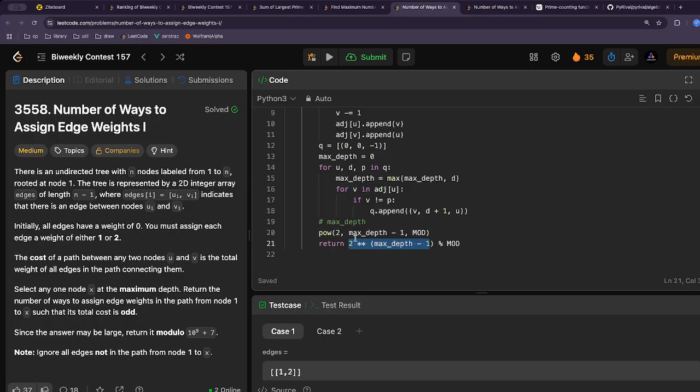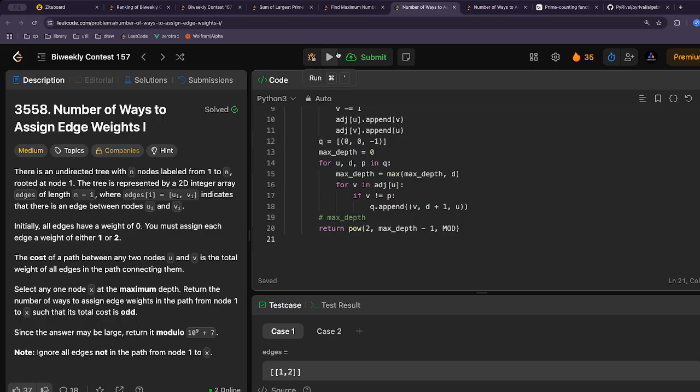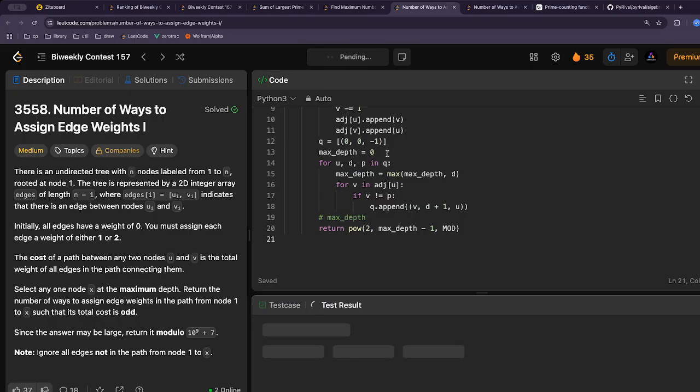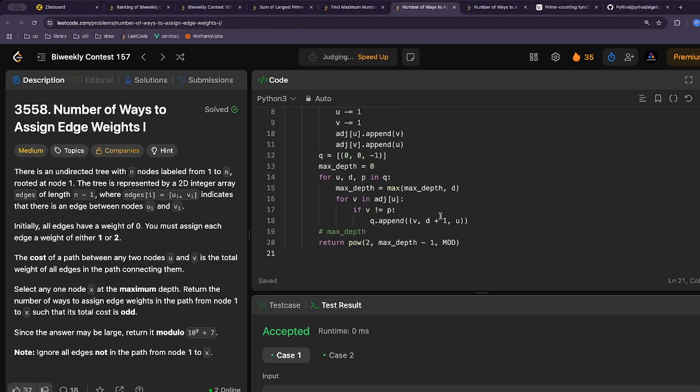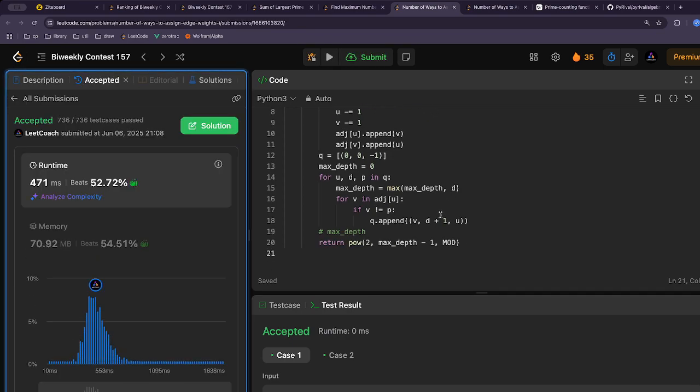But if you do it this way, it will be modding before calculating the whole number, so the numbers will be small, right? So it will be faster. And it seems like it works. And it does. Cool.